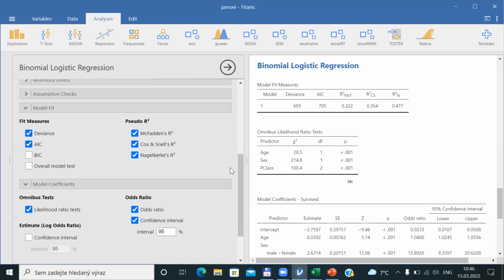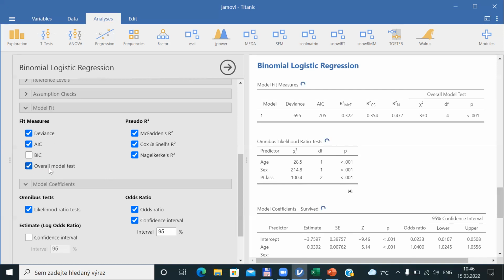So that's it. And you can also perform, it is in the previous option model fit, ask for overall test. So if you ask for overall model test, you would get the same test, but not for individual predictors, but for all predictors together.